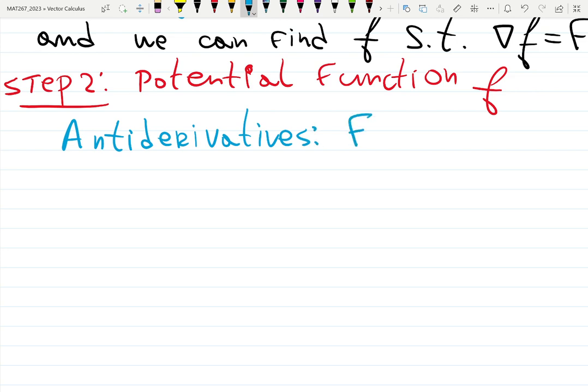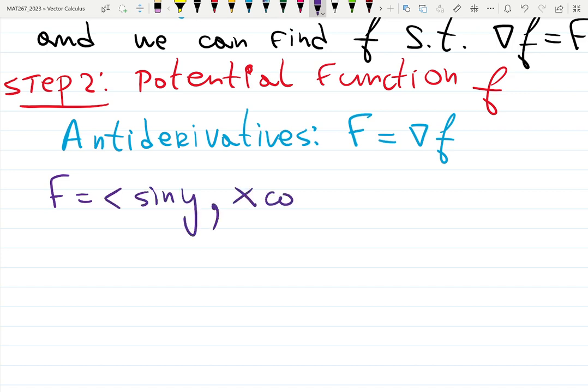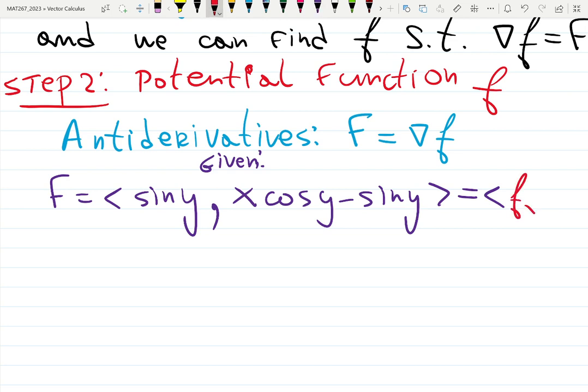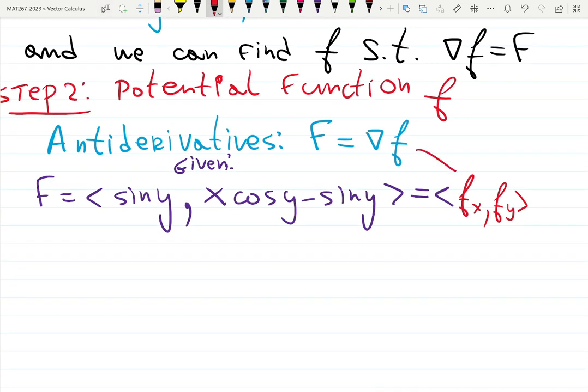So if capital F comes from derivative of small f, we need to integrate. Integrate what? I'll put it in new color. F is given as sine y, comma, x cosine y minus sine y. We will call that partial derivative with respect to x and partial derivative with respect to y, because that's what the gradient is.